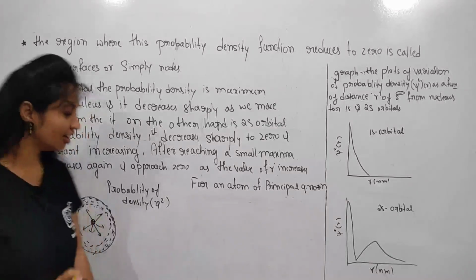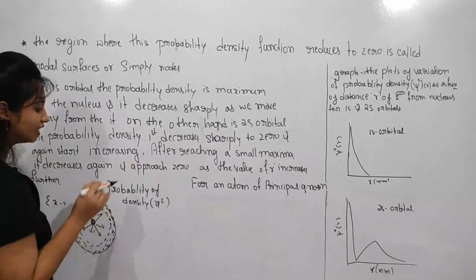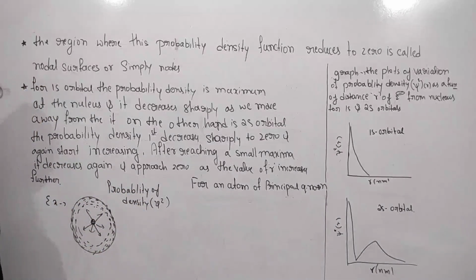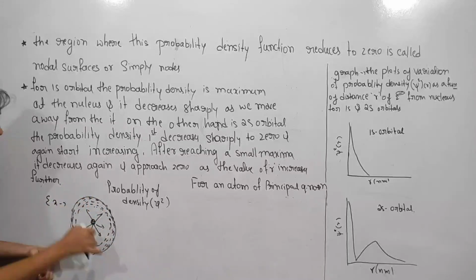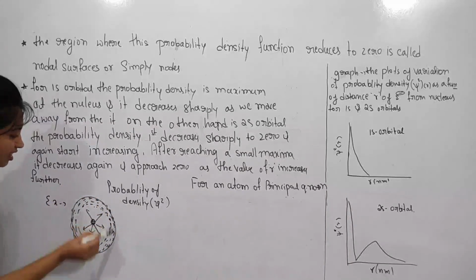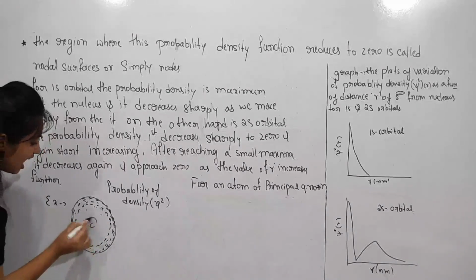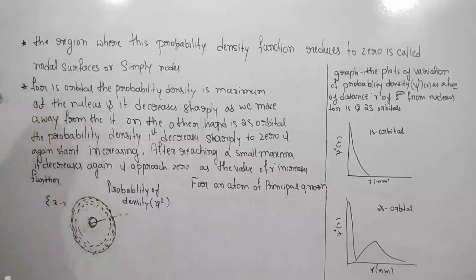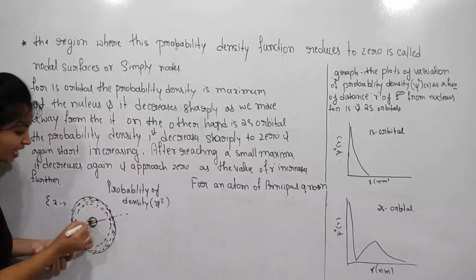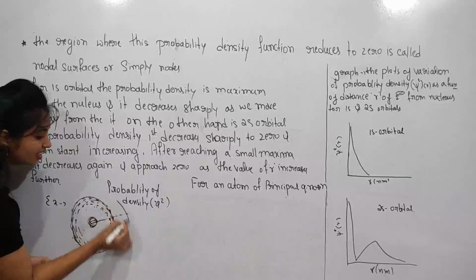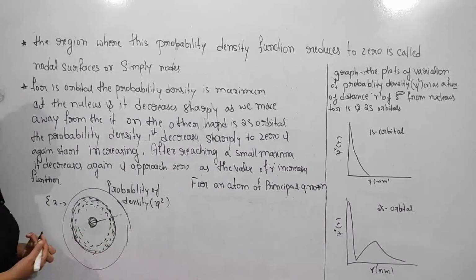I hope you got it. Once again I wish to say here, the shape of an orbital is given by this probability density. The probability density in the s orbital is equal in all directions, so we got to know the shape of the s orbital is spherical. As we move away from the nucleus, here I got the probability density. Then as I move away from the nucleus in this region, I don't get any probability density.